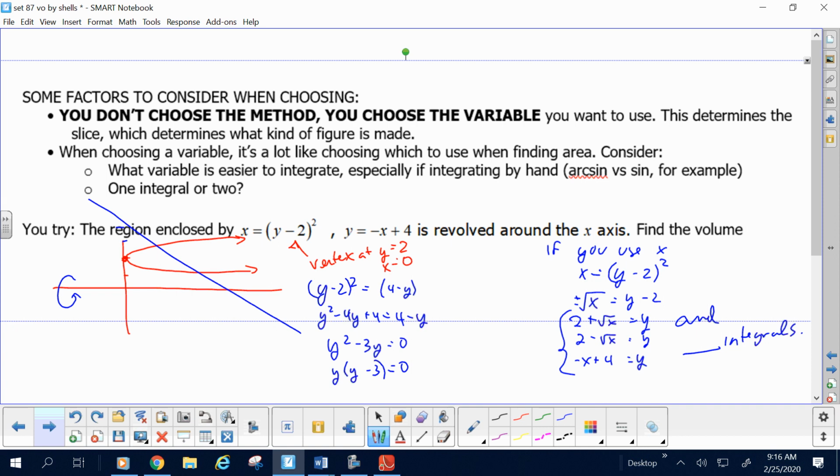Did I find this intersection here? Oh, I guess my picture's just that bad. Okay. All right. How we doing? Hang on just a second. I'm not clicking it. My bad.